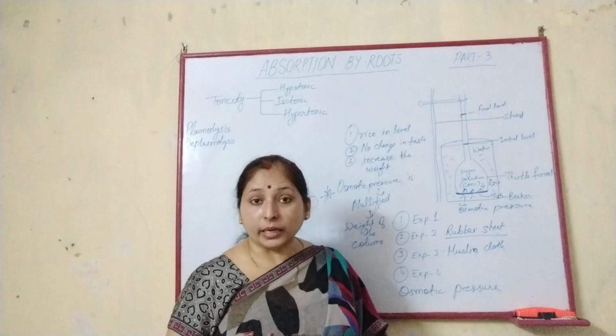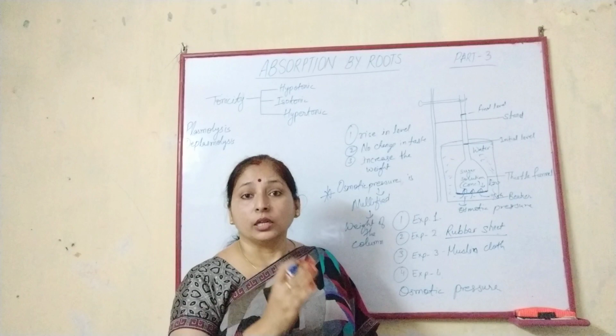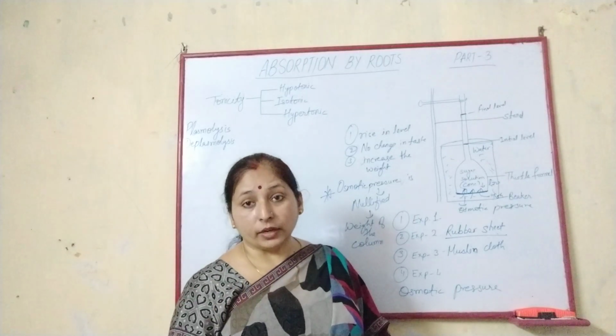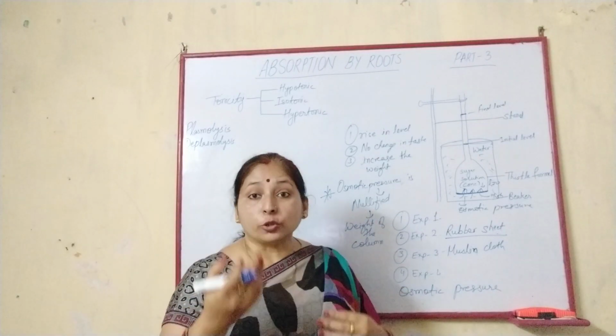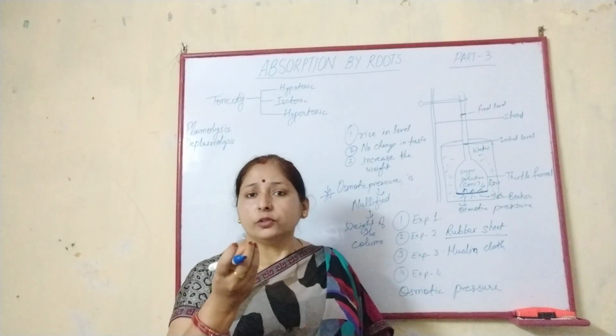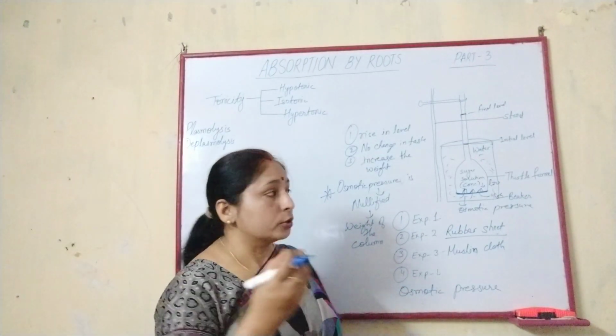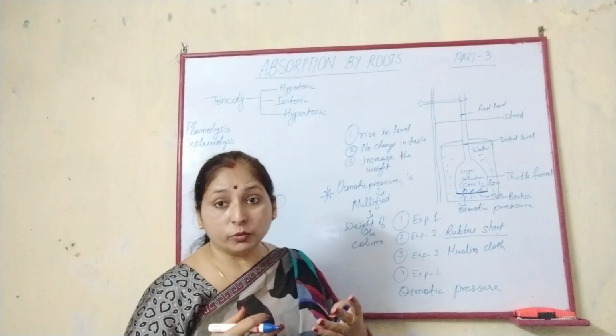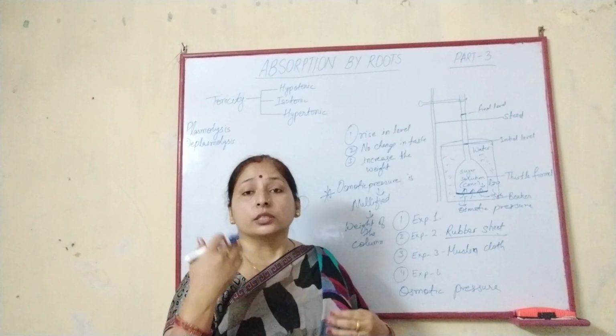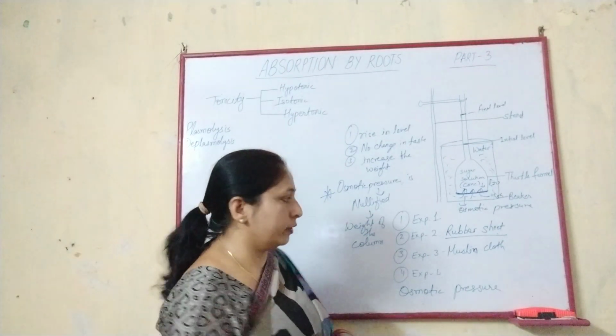Even the larger solute particles can leave the funnel. So after some time the level would rise, and the solution in the beaker would be slightly sweet in nature. It means there is bidirectional movement of the solute as well as the solvent.